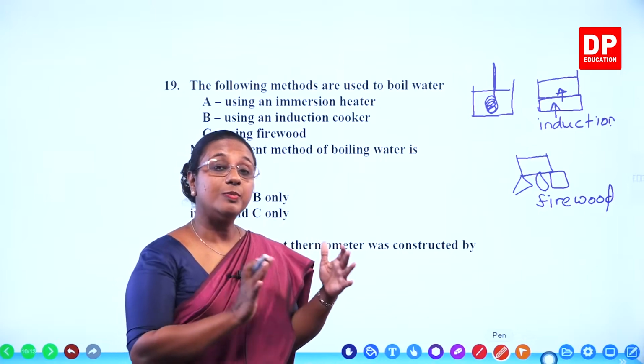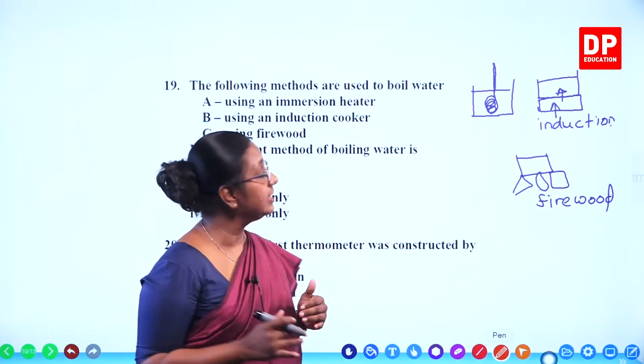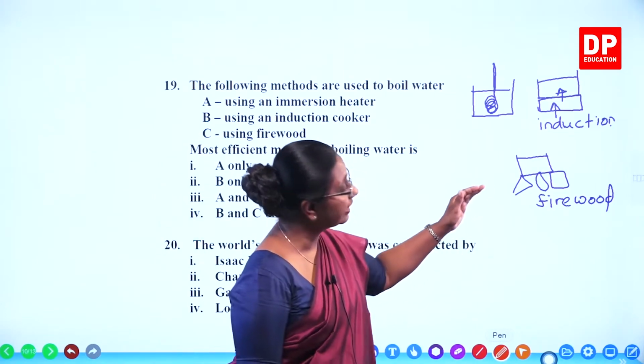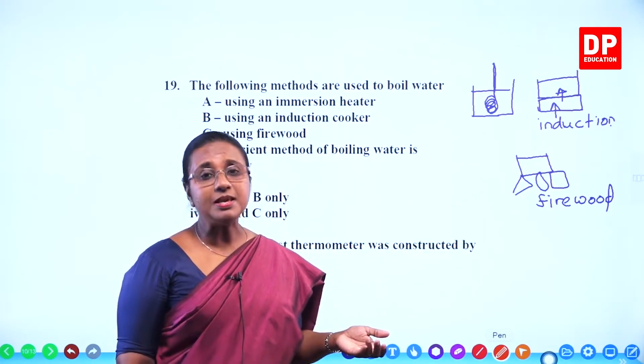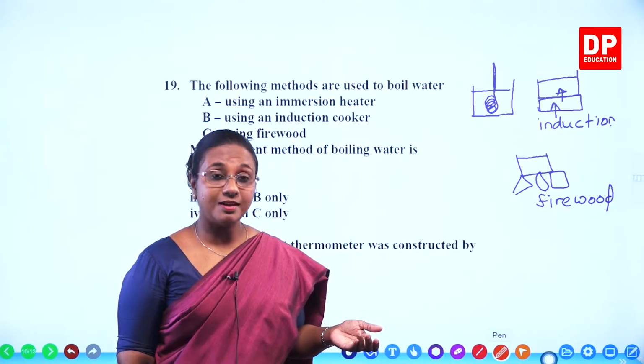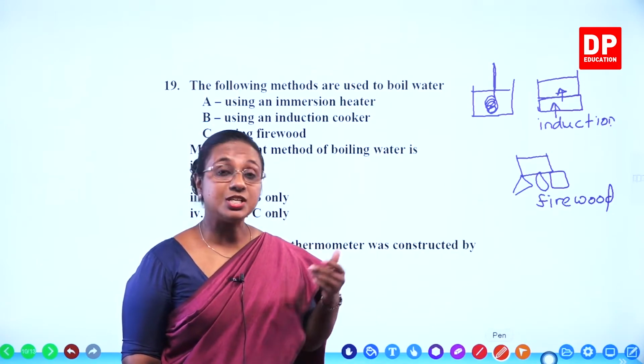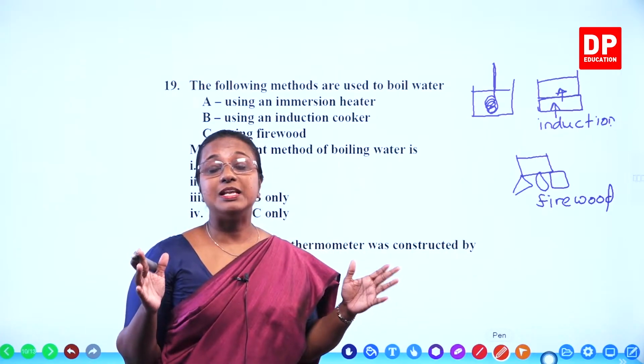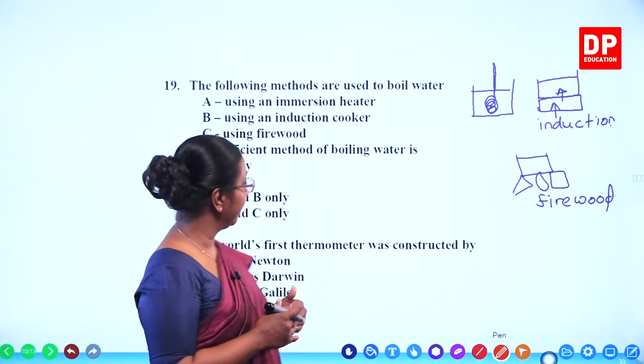So, it is going to be heat transfer by conduction. And then using firewood, that is also by conduction. There can be a small amount of heat transferred by convection as well as radiation, but still there is more possibility of heat loss to the environment.